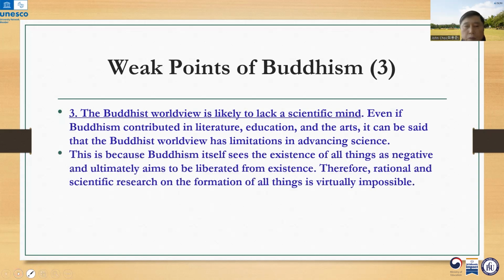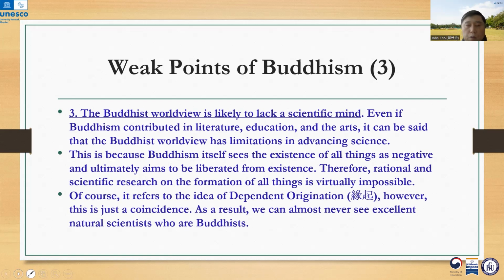This is because Buddhism itself sees the existence of all things as negative and ultimately aims to be liberated from existence itself. Therefore, rational and scientific research on the formation of all things is virtually very difficult or almost impossible.